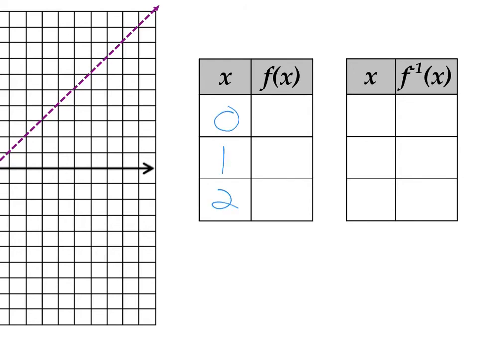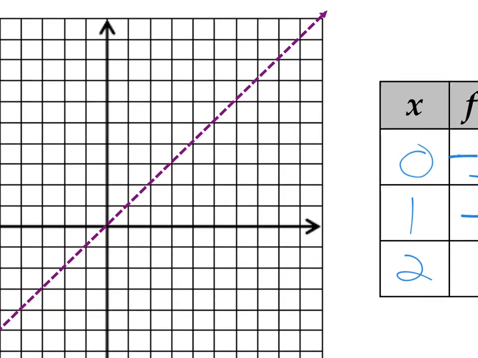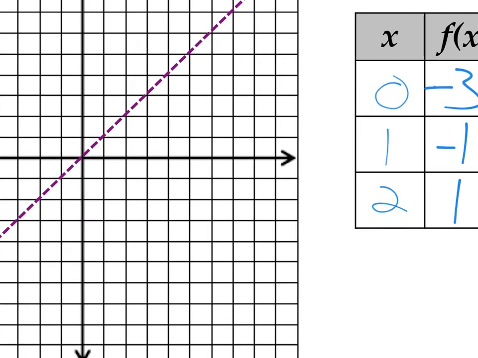So if I plugged in 0, 2 times 0 minus 3 is going to be negative 3. Over here, 2 times 1 minus 3 is going to be negative 1. 2 times 2 is 4, minus 3 is going to be positive 1. So when it comes time to graph, I have 0, negative 3, right here. I've got 1, negative 1, and I've got 2, comma 1.